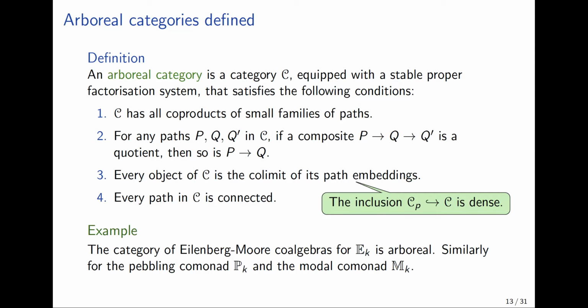Something which doesn't hold in any arboreal category, but is the case in all our examples, is that any morphism between two paths is actually a monomorphism. That's because the forest morphisms between paths are very rigid, so they have to preserve the height of points.